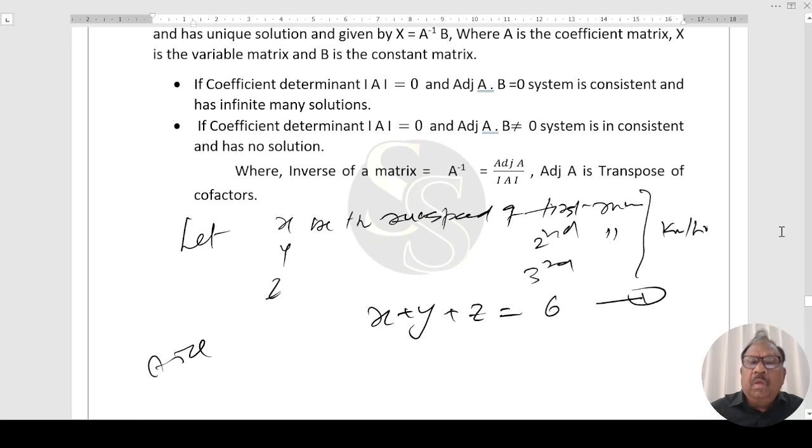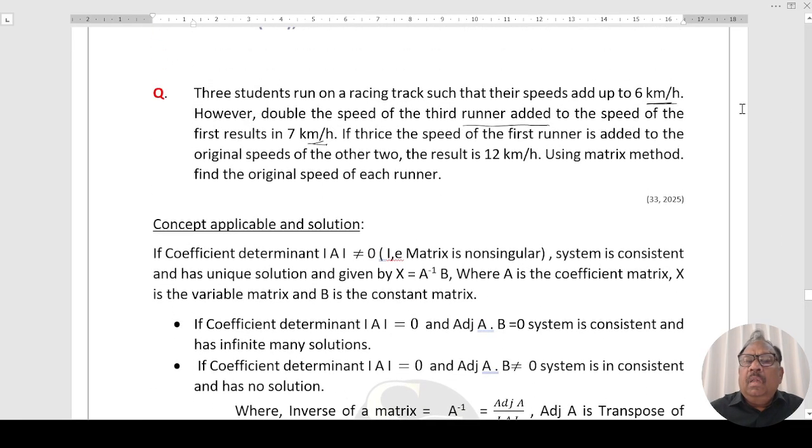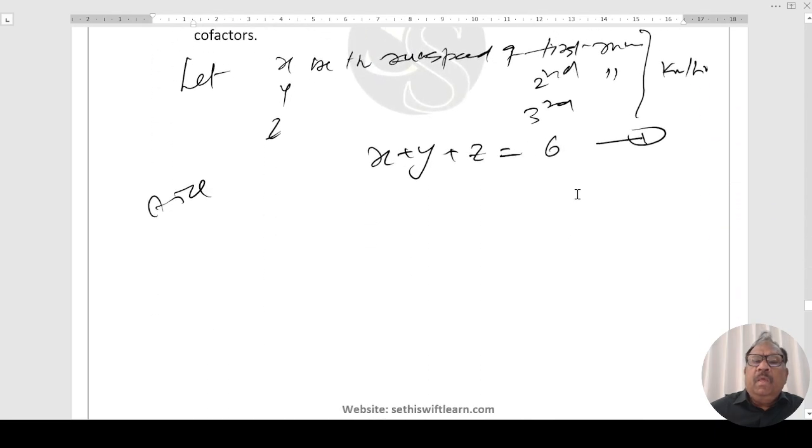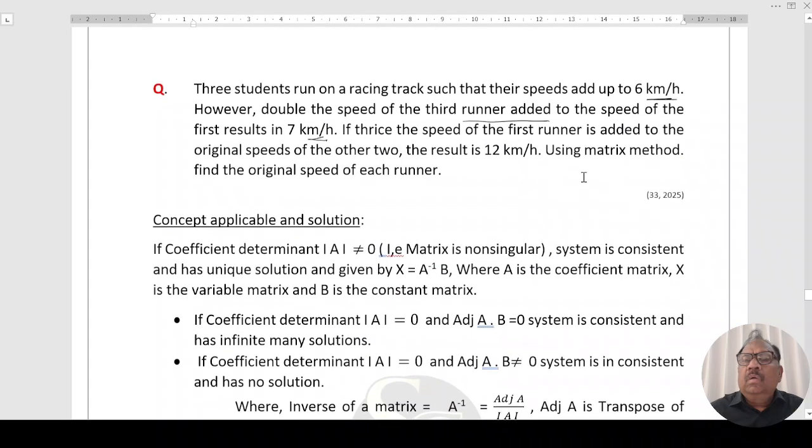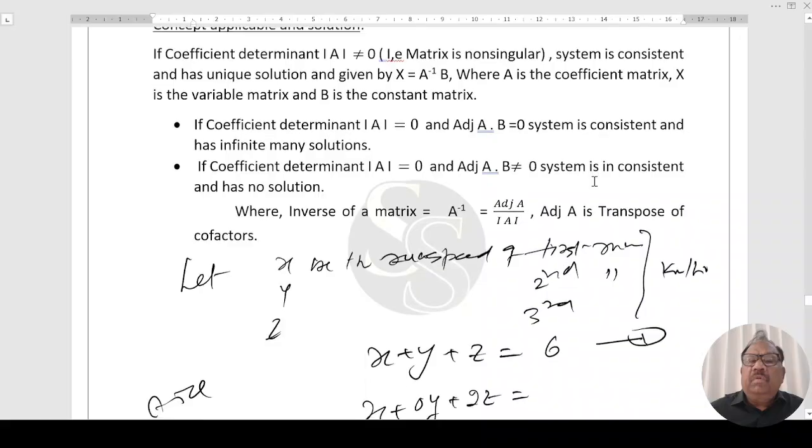Then double the speed of the third added to the first: x plus 0y plus 2z equal to 7.